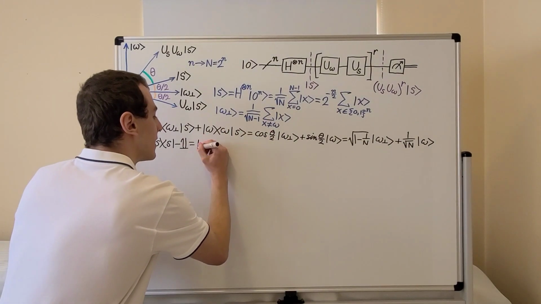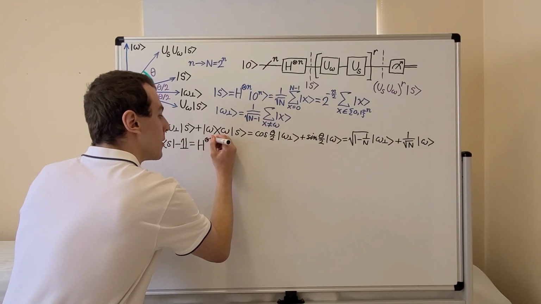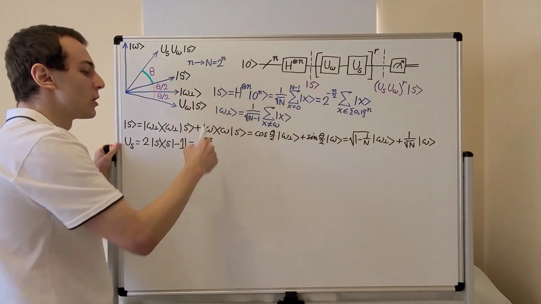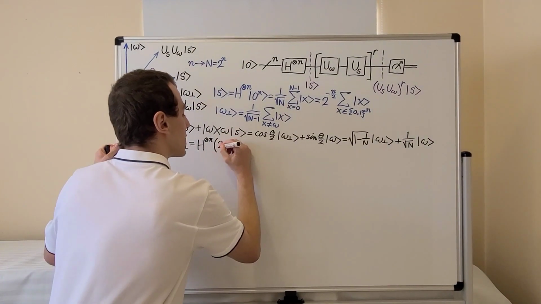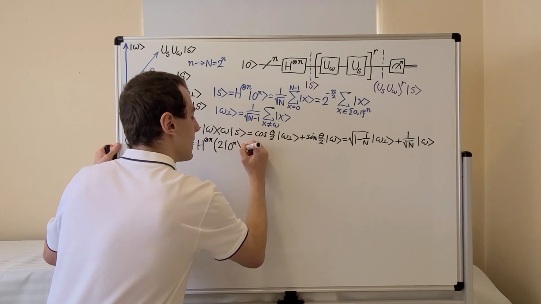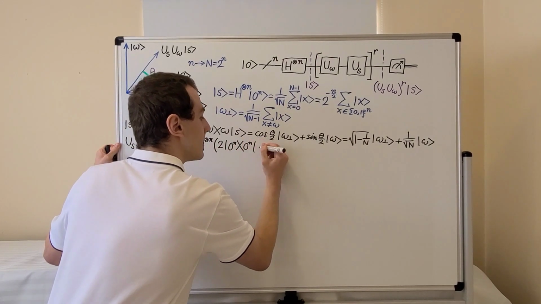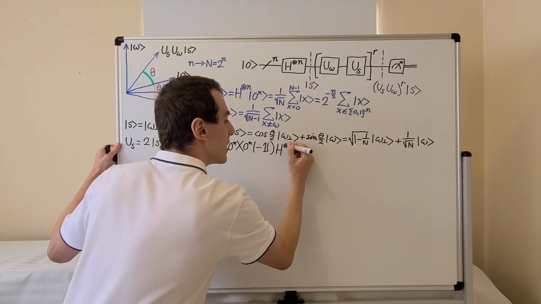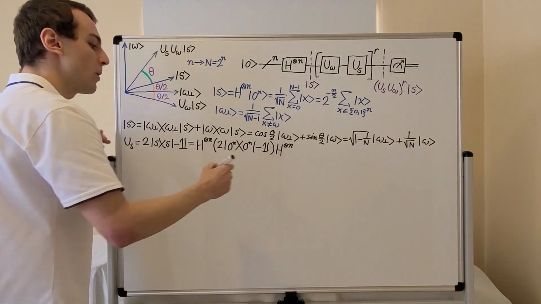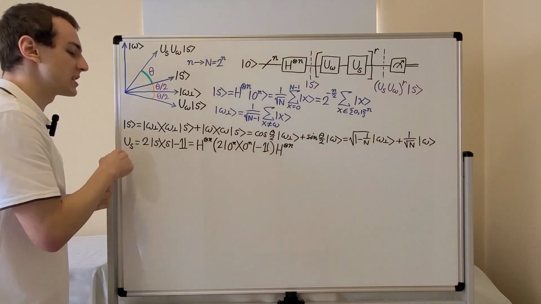So we can take the Hadamard operator, but we need to apply it to all little n qubits, and we can sandwich this combination. So we have 0n, 0n minus the identity, and then we need another Hadamard on this side. So this is an alternative way to express U sub S.